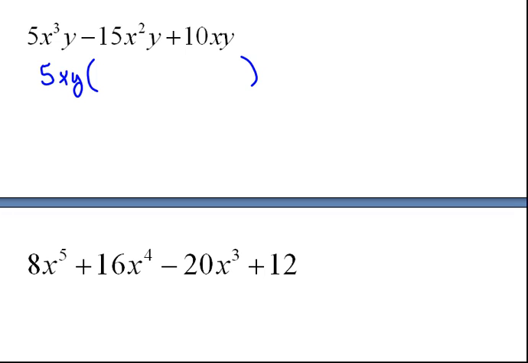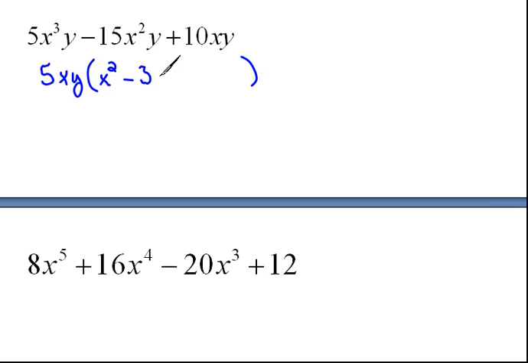Now we finish out the reverse distribution. So 5xy times what would give us back this first term? That would have to be an x squared. And 5xy times what would give us negative 15x squared y? Well, to get the negative 15, we'd have to multiply by negative 3.